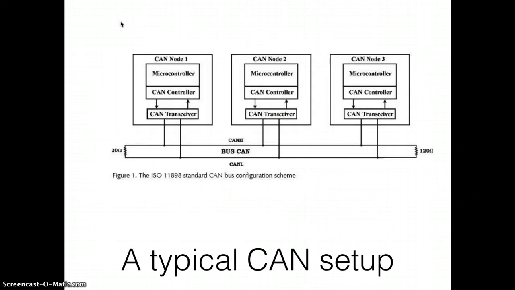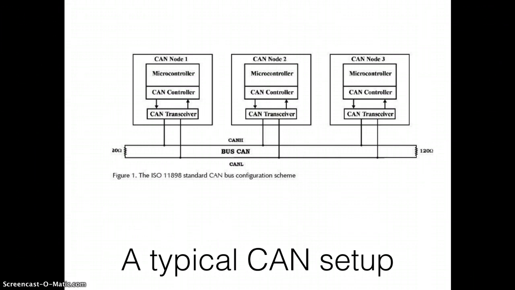A typical CAN bus setup would look like on the figure shown above, where you have CAN node 1, 2 and 3. Each node is made up of a microcontroller with a CAN controller on board. This is also inside our microcontroller kits. Apart from that, we need a CAN bus transceiver that can push data onto the bus.